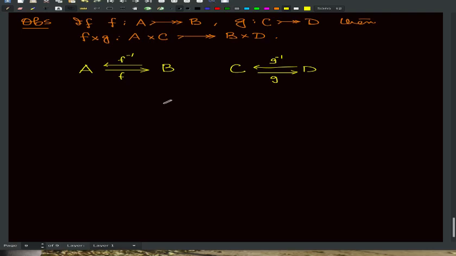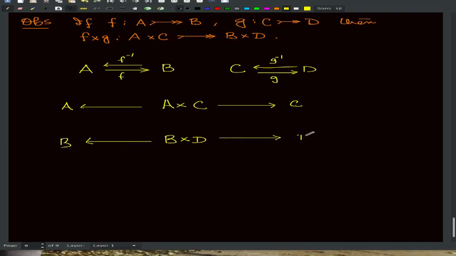Now remember, so you have this F cross G, that is the unique map, right?